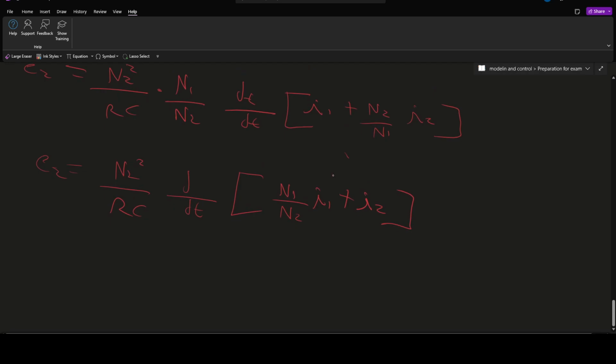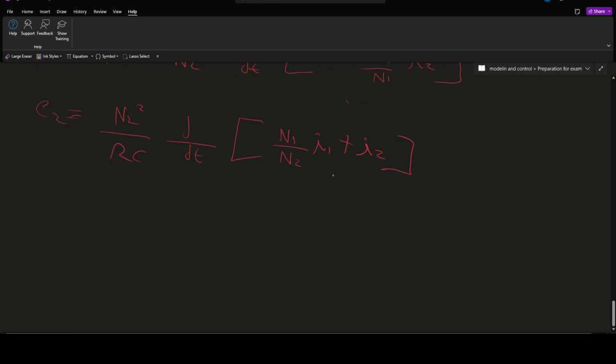And now we have an equation for our EMF for the secondary side, where we have our magnetizing inductance times this expression. So here we have, and now we are gonna have to find the flux linkage for our second coil. So we have N2 and Phi2.